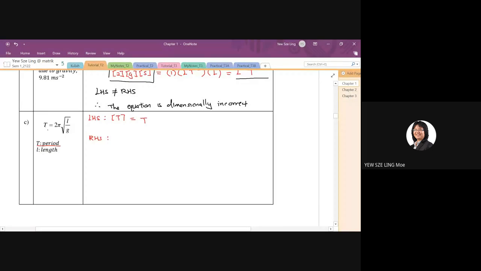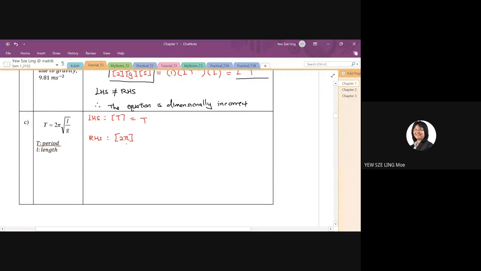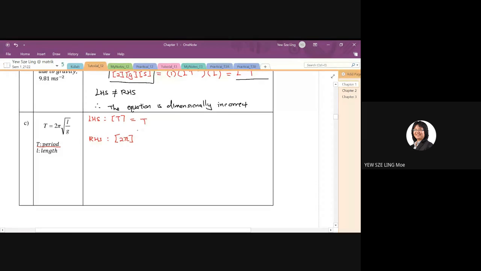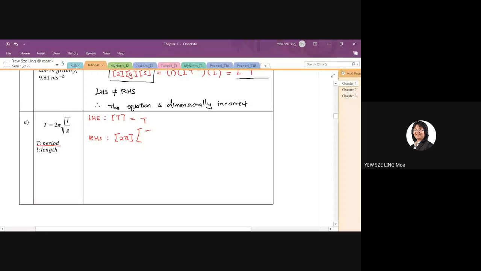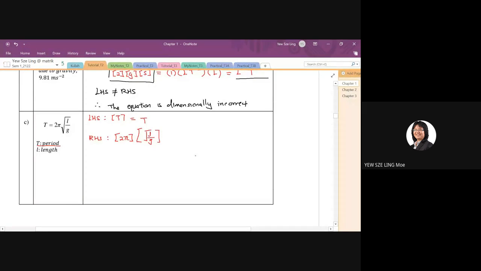So right-hand side, square bracket, you can put 2 pi because both of them are dimensionless quantities, which means that they don't have unit. And then square bracket, square root L over G. Now, how are we going to simplify square root L over G?